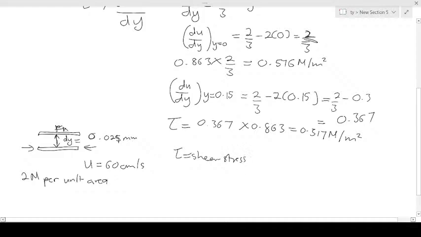So please, sorry for that, don't get confused. This is your dynamic viscosity. If you are asked to look for viscosity in the question, it's your mu, but then your tau is your shear stress. Okay, so please we can continue.